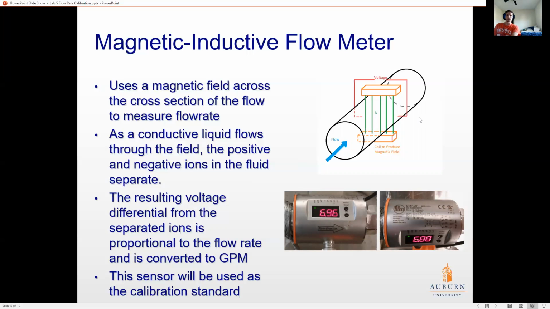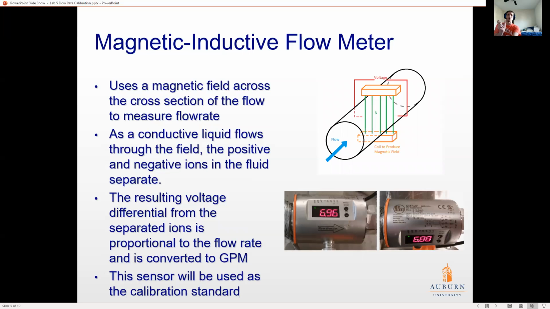So they get split to the two sides of our pipe here, and there is a sensor that can pick up and measure what that voltage difference is between the two sides. So the faster the water is flowing, the faster those charges are moving, the stronger that force is on those individual charges.